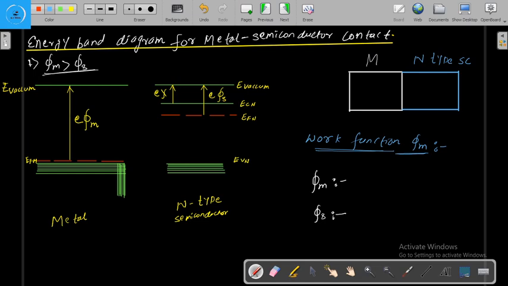In simple words, the energy required to escape the electron from the semiconductor is lesser than the energy required to escape the electron from the metal.